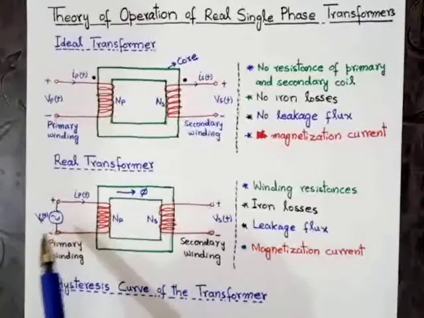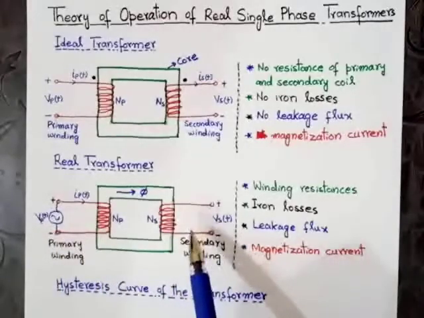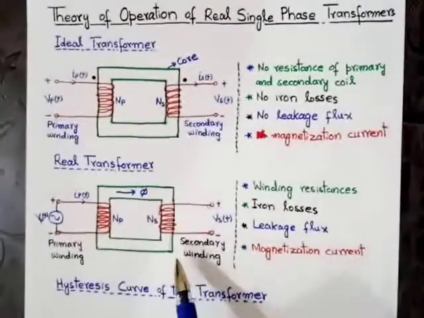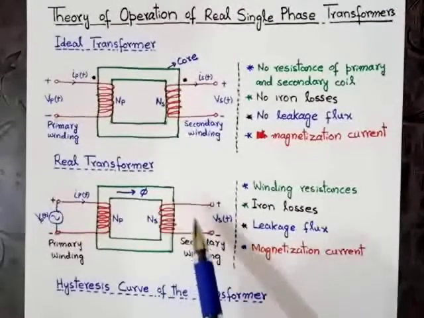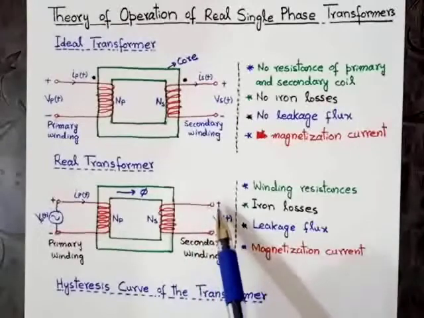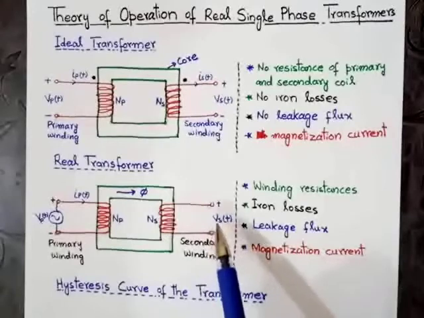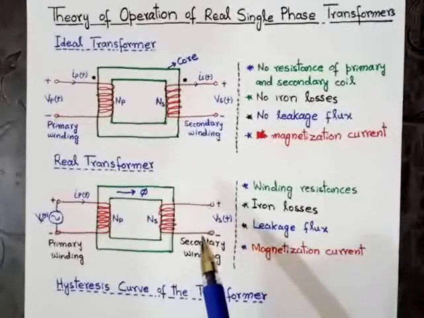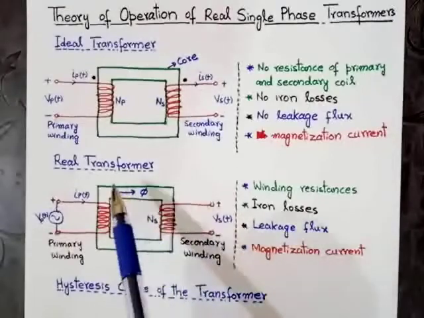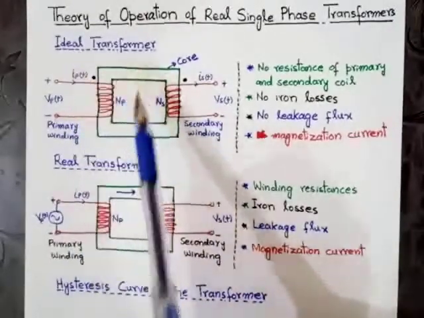This is the power source. The winding which is connected to the load is called the secondary winding. As you can see in this figure, there is no load, that's why the secondary winding is open. So this is the difference between a real transformer and an ideal transformer.